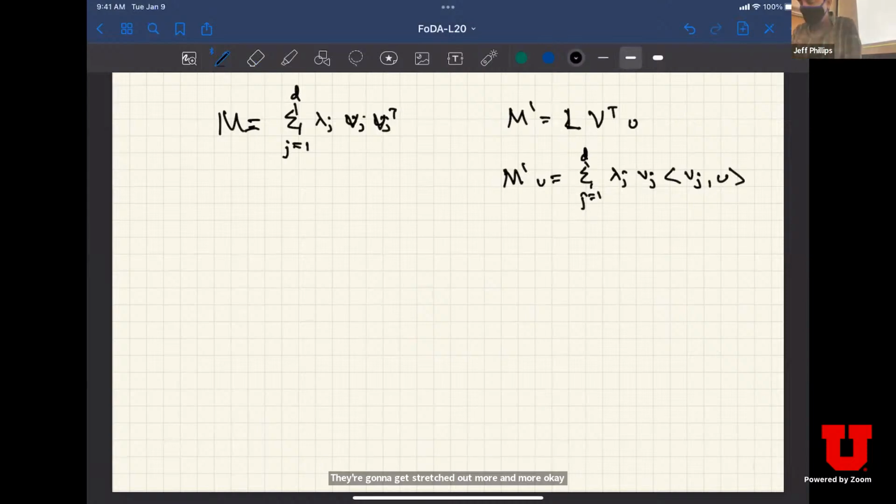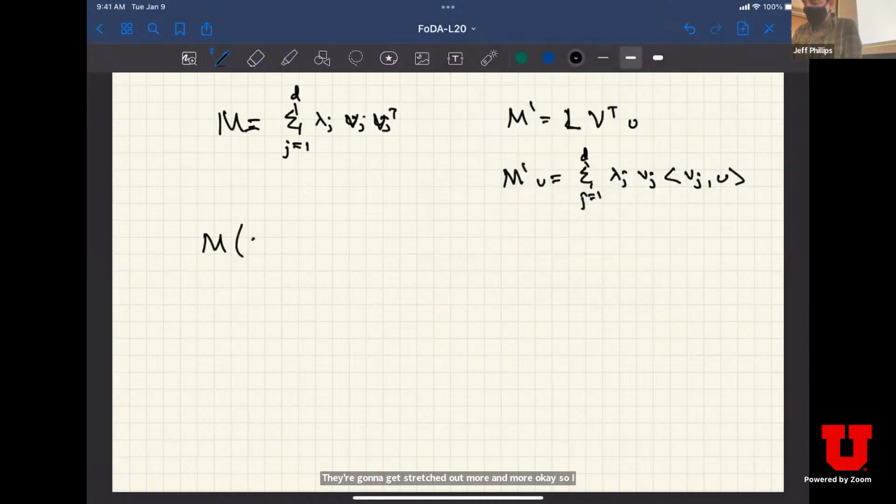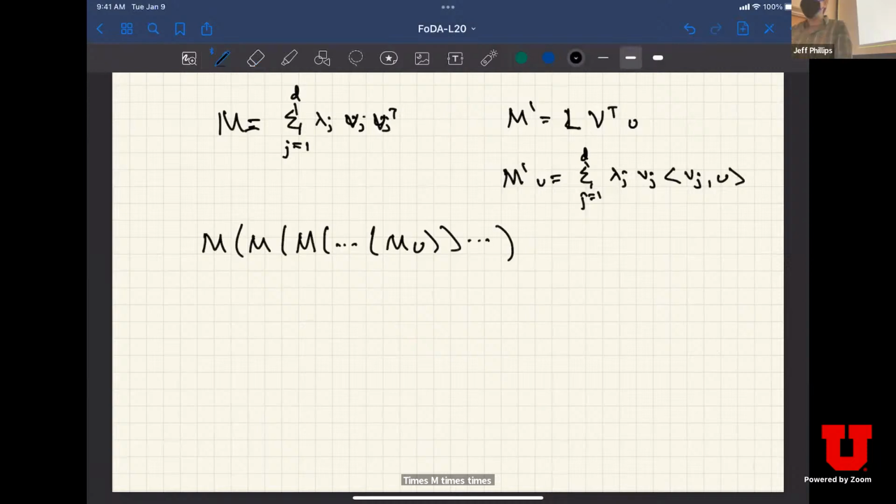So I could think of the algorithm as M times M times M times M times u. But I could similarly write it as M to the q times u. So instead of doing u times M times M times M times M, I can multiply all the M's together and then apply that to u.